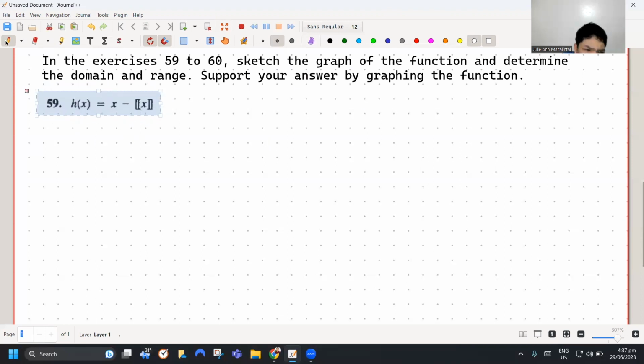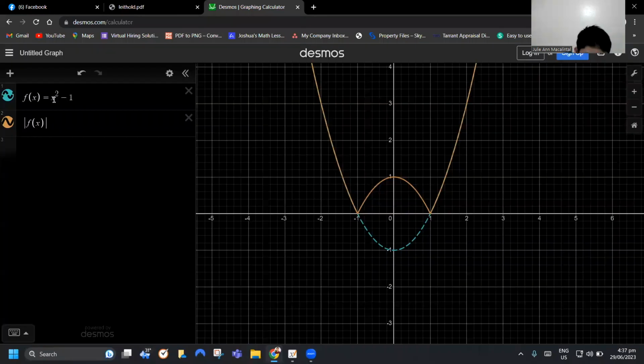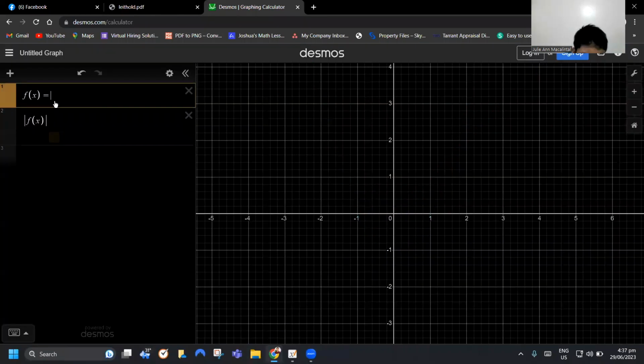Sabihin niyo lang po is floor. Y equals floor of x. Oh, meron. Sabihin na lang po sa kanya, floor talaga. Oh, okay.